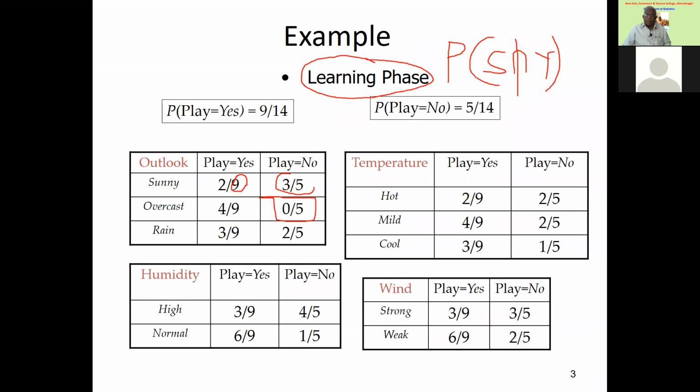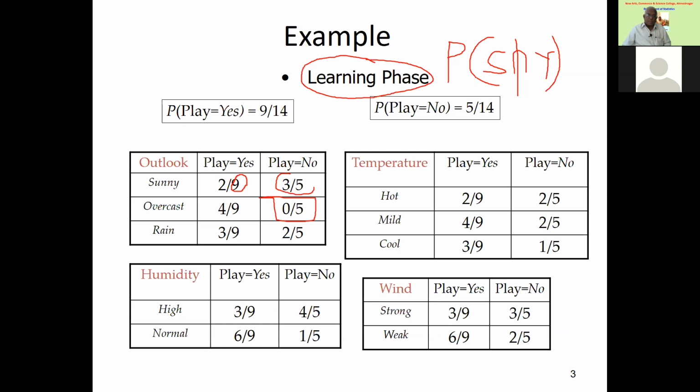See, when wind is weak, there are more chances to play. When humidity is normal, there are more chances to play. But when temperature is hot, there are very few chances to play.